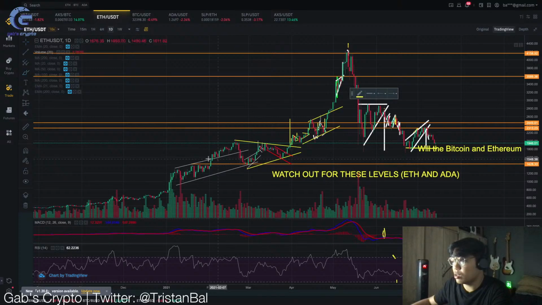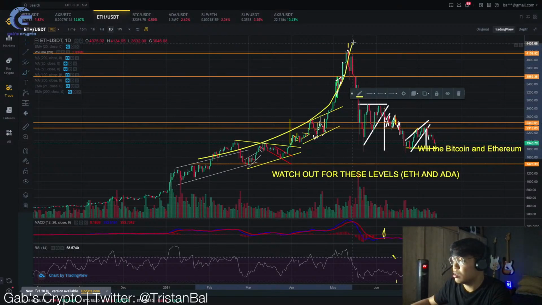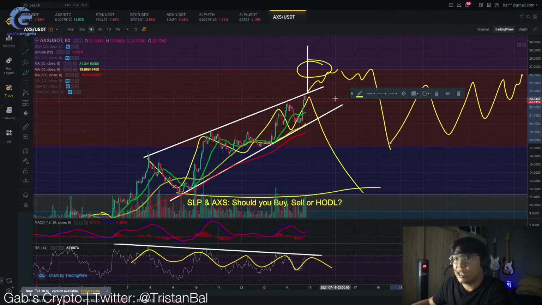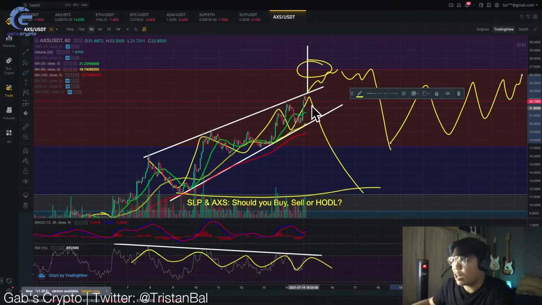So, umakyat si Ethereum, and then after nun, nagkaroon tayo ng resistance na. And because of that, nagkaroon tayo ng consolidation dito ngayon within this area. So, just like any other coin, magkakaroon tayo ng somehow anytime soon ng possible consolidation or rejection.